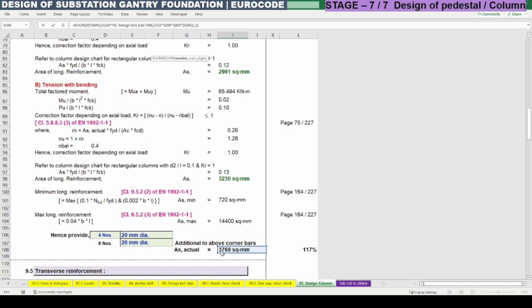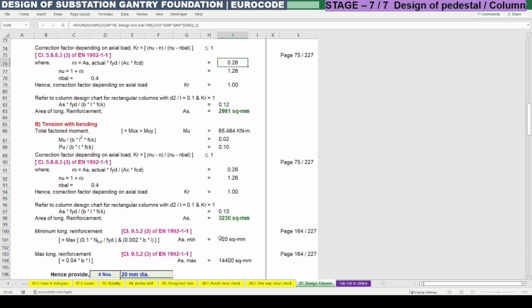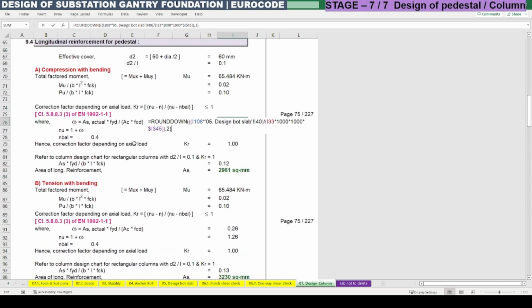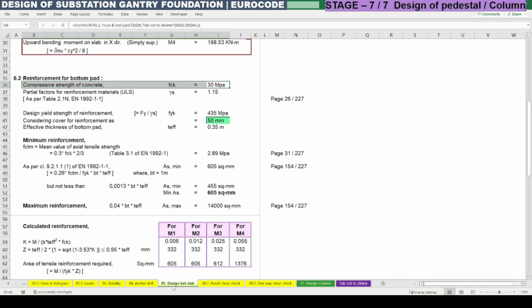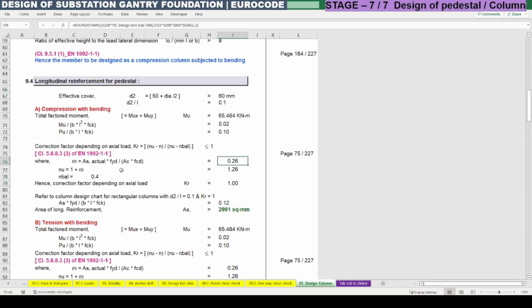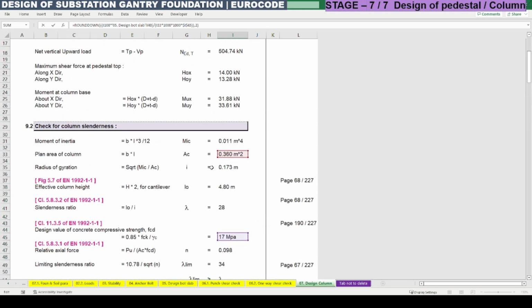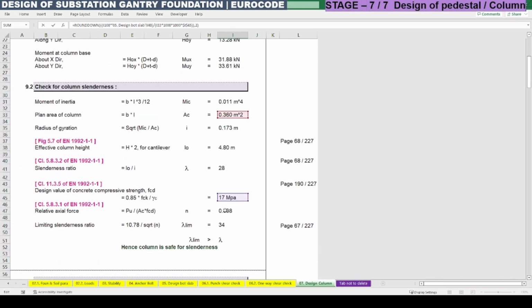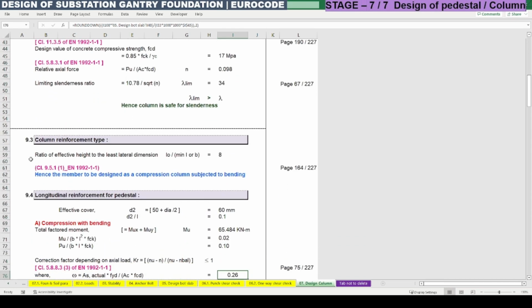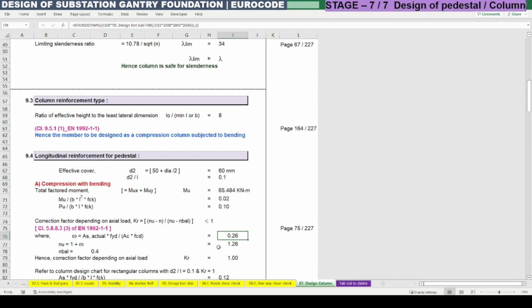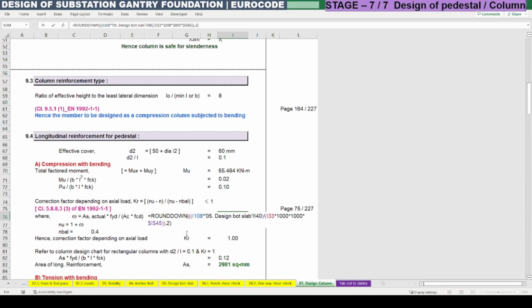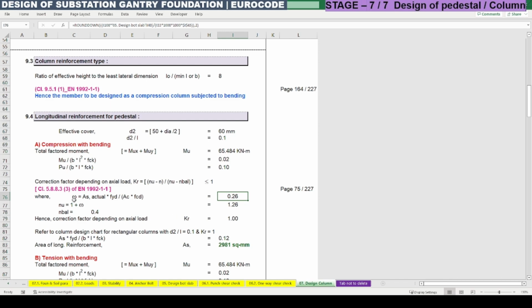The actual reinforcement is 3769. Based upon that we multiply with fyd, which we already discussed in stage 5, the design yield strength of reinforcement, 437 megapascal, divided by Ac, which we know is the plan area of the column, 0.36 meter square, multiplied with fcd, the design value of compression in concrete. Applying that, we get 0.26 as the omega value.